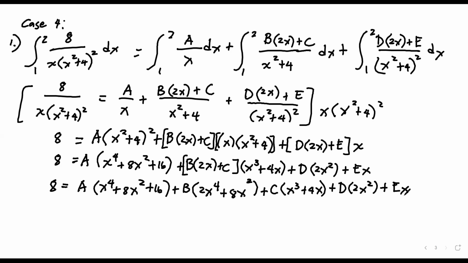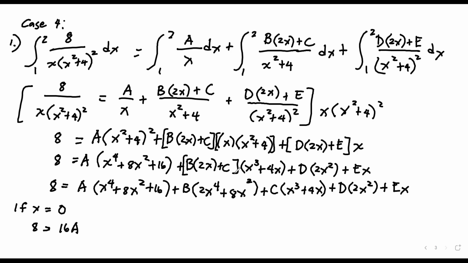Okay, so let's find the value now. If we equate our factors to 0, so we'll have if x equals 0, we will have 8 equals 16 times a, 16a.